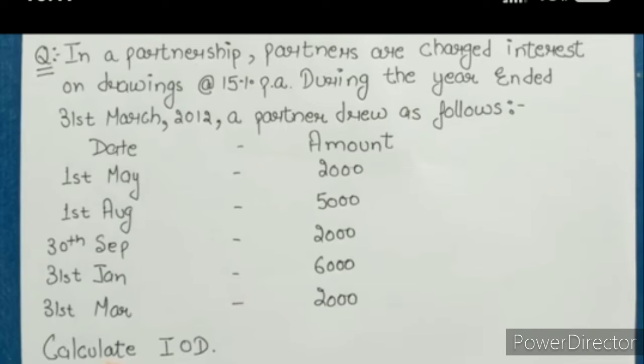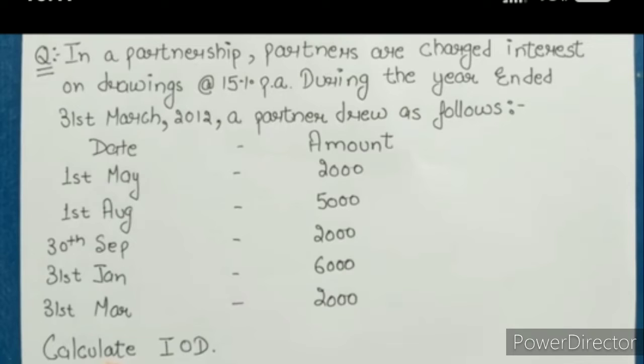So in the question we have been told that interest on drawings at 15% will be charged on the partner. We have been told how much amount was withdrawn by a partner on which date. On 1st May he withdrew rupees 2000.